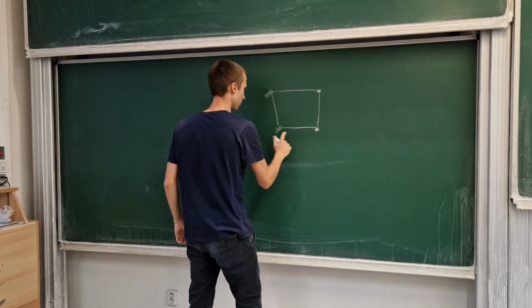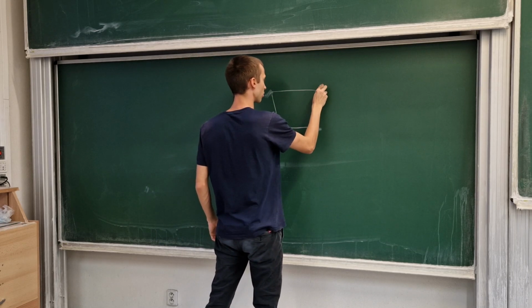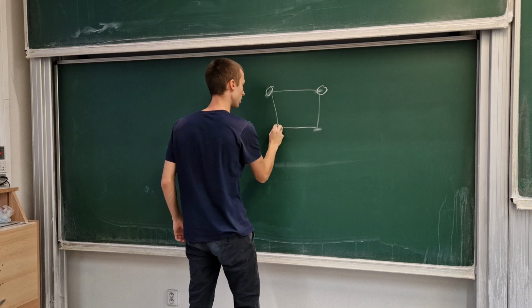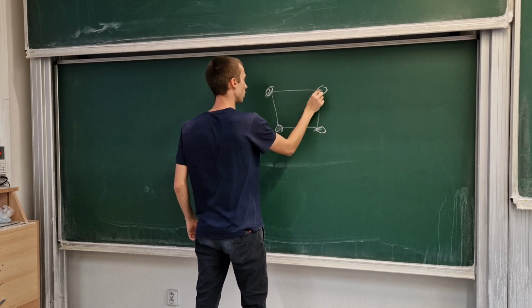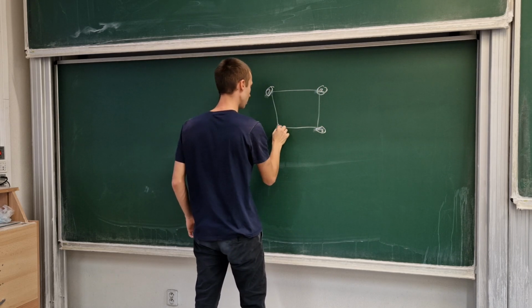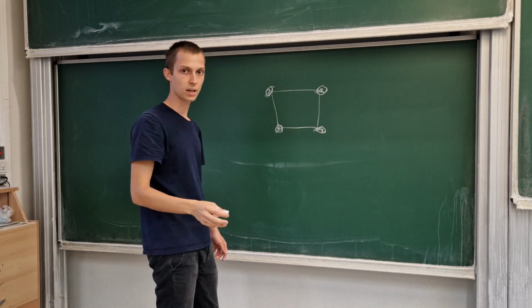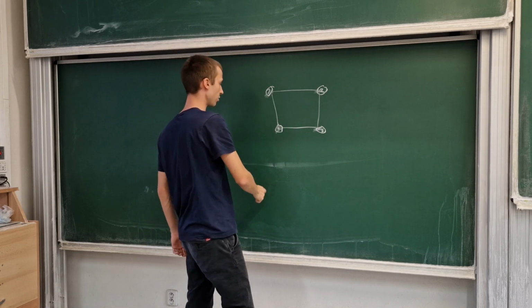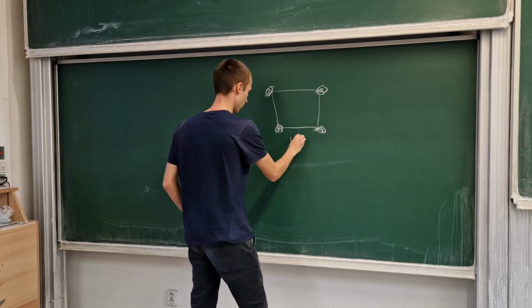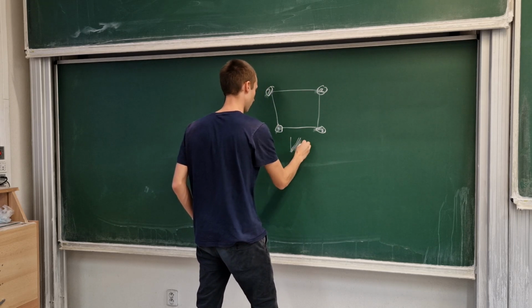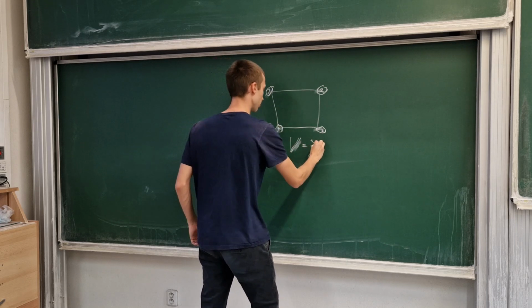Let's again make them round empty circles, which we can call by numbers: 1, 2, 3, 4, that's going to be their names. And now we have edges, we have vertices. The vertices are namely 1, 2, 3, 4.